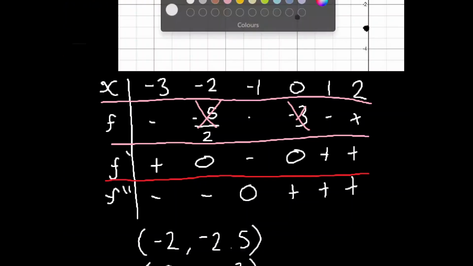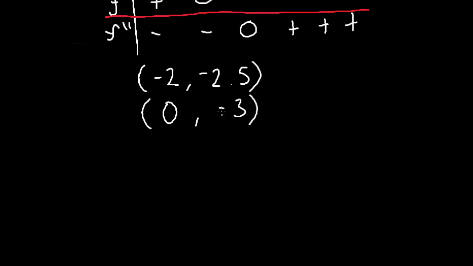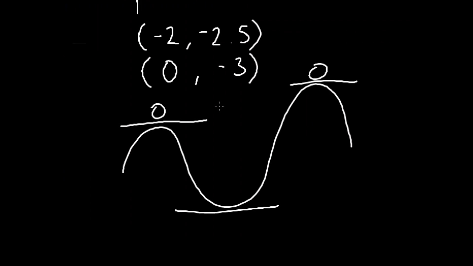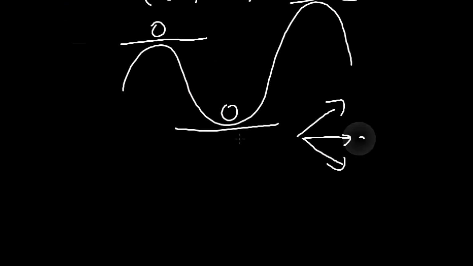When the gradient is equal to 0, because that's what f prime is, if we have some funky looking curve, these are the points where the gradient is 0. If you were to put a ball on there, it wouldn't roll anywhere, it would just stay as is. So our graph can take these possible gradients: 0, positive, and negative.